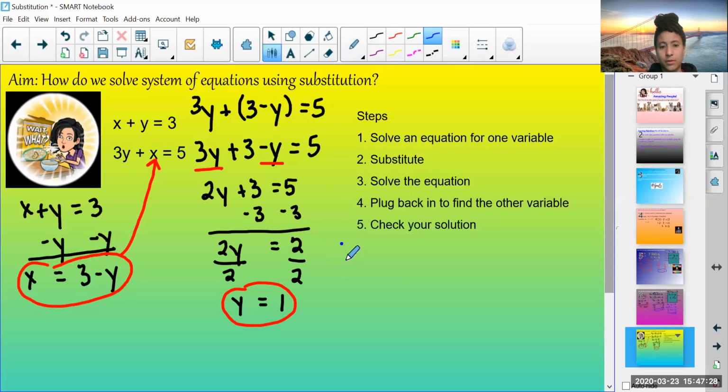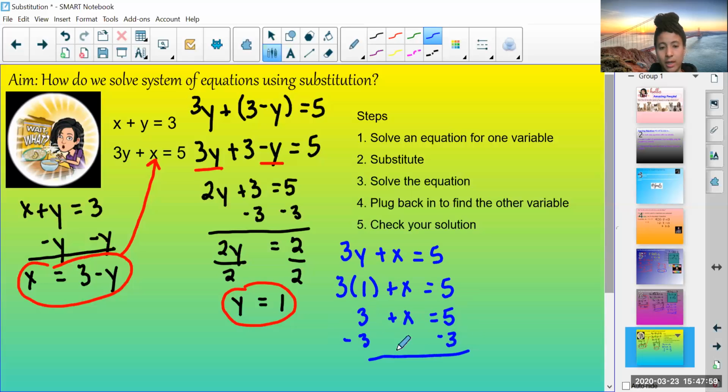So if I were to use 3y plus x equal to 5, I'm going to substitute in y for 1. So we have 3 times 1 plus x equal to 5. 3 times 1 is 3 plus x equal to 5. I want to get x by itself, so I need to get rid of this 3, so minus 3. And we get x is equal to 2.